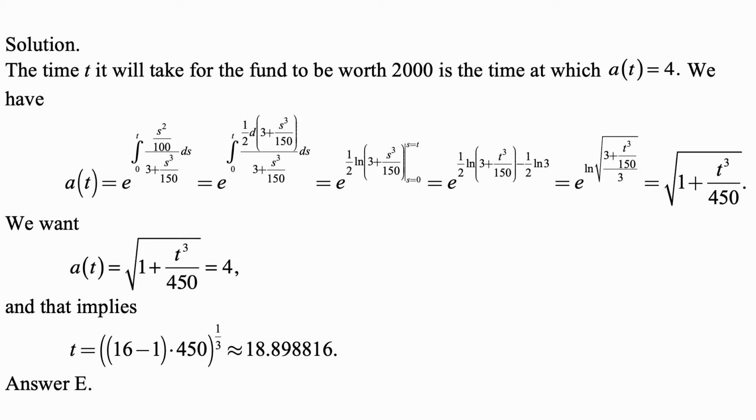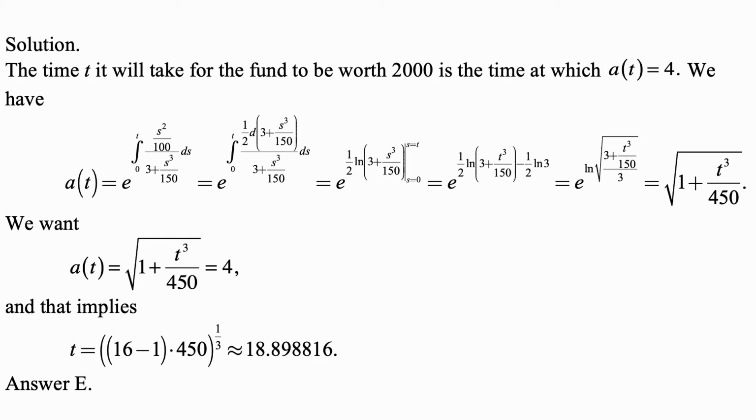So what we see here is a logarithmic derivative of 3 plus s cubed over 150 multiplied by 1/2. So the integral of this is 1/2 ln of 3 plus s cubed over 150, and we evaluate it from s equal to 0 to s equal to t, and that becomes half of ln of 3 plus t cubed over 150 minus 1/2 ln of 3.